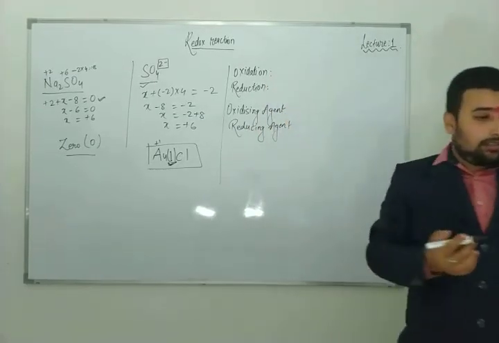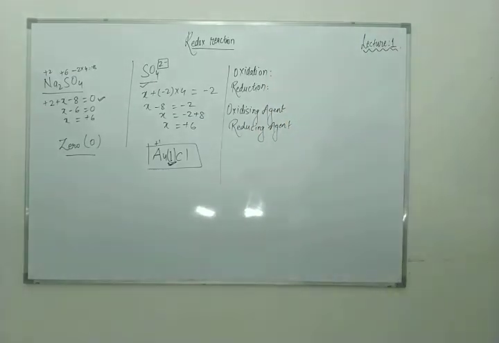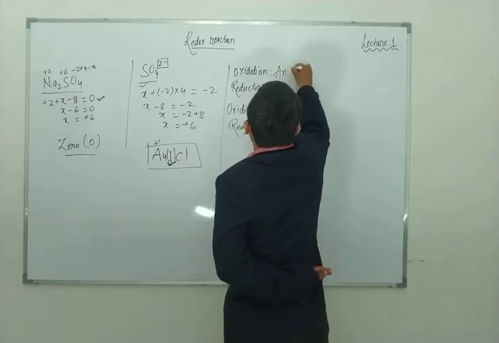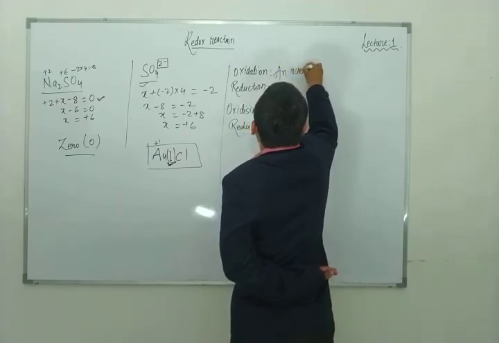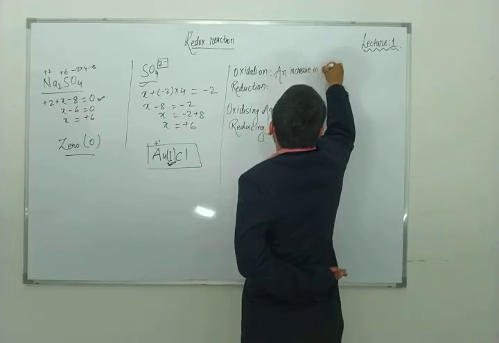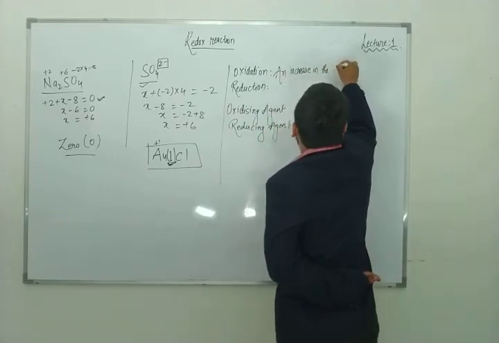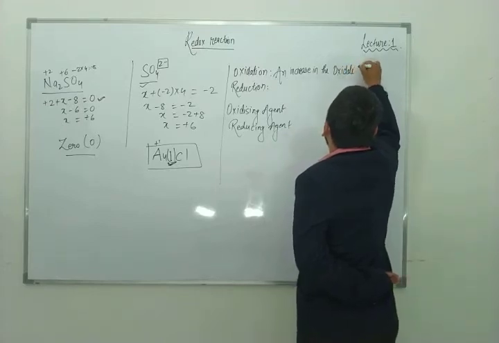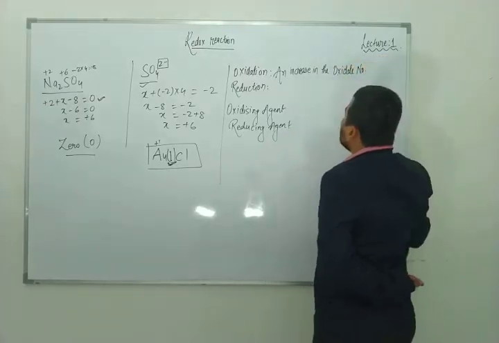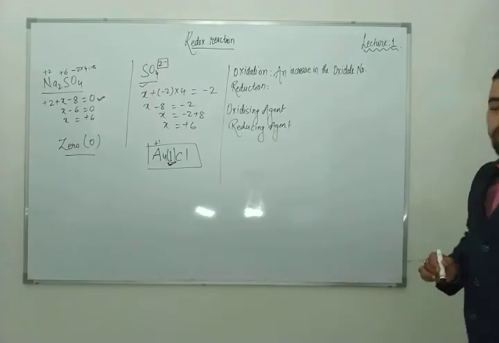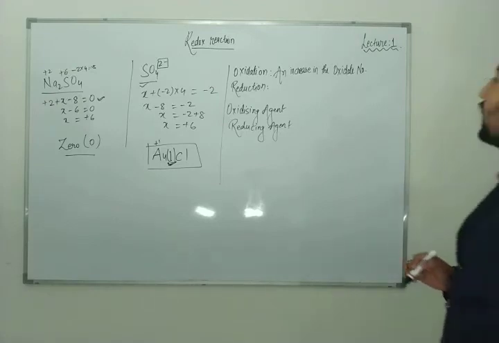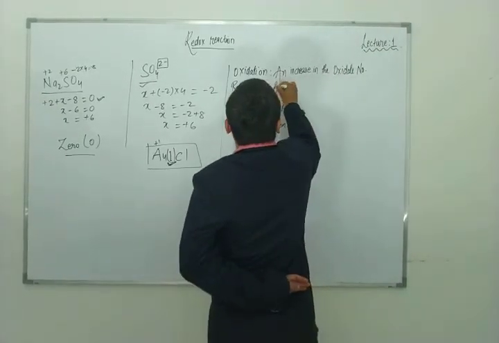Whatever you have learned, I hope all of you have learned that an increase in the oxidation number or oxidation state is called oxidation, and a decrease in the oxidation number is called reduction.